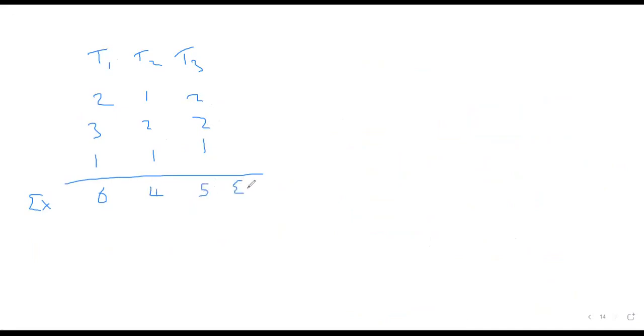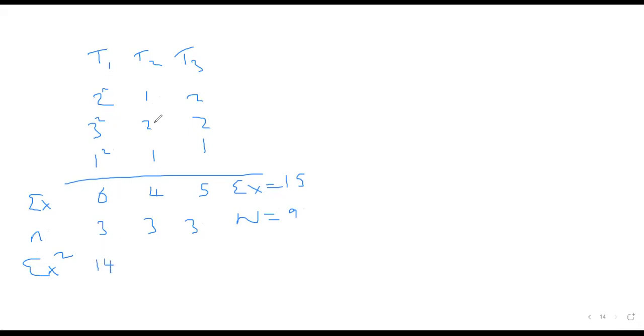Then the total here is 15. How many are there here? 3, 3, 3. The total of these observations is 9. And you square them individually. 2 squared is 4. 3 squared is 9. 1 squared is 1. So this is 14.